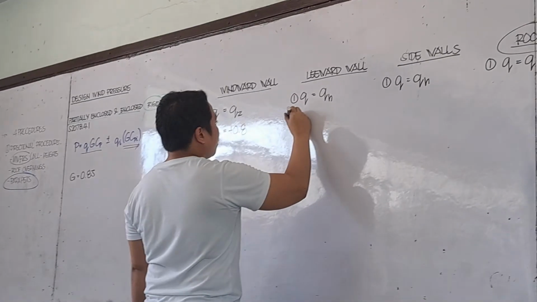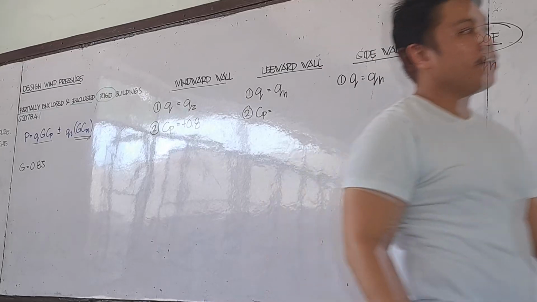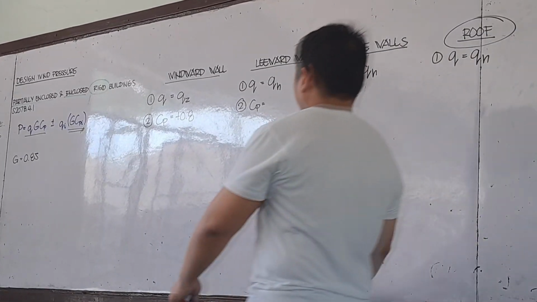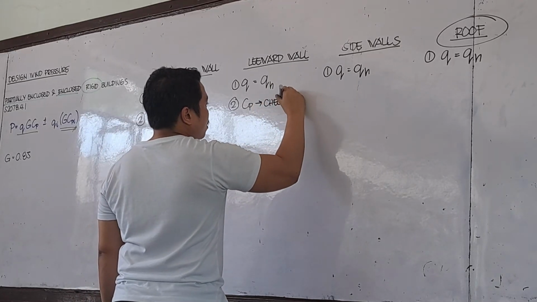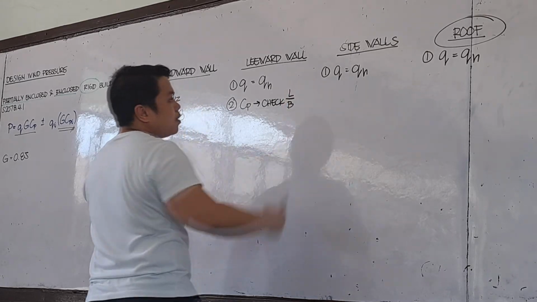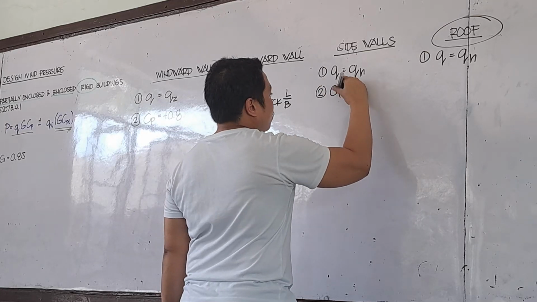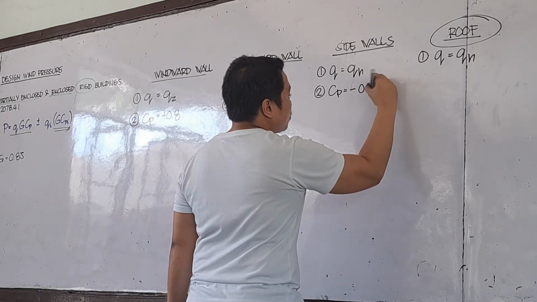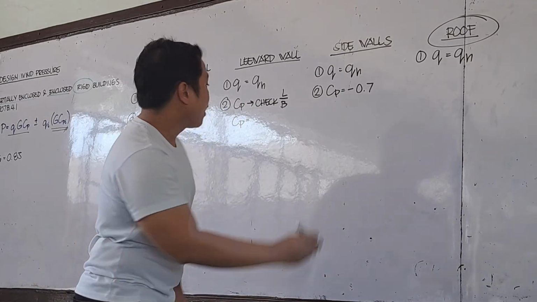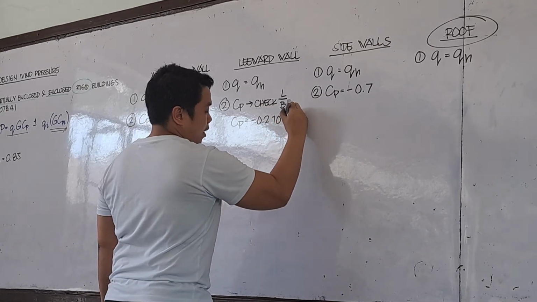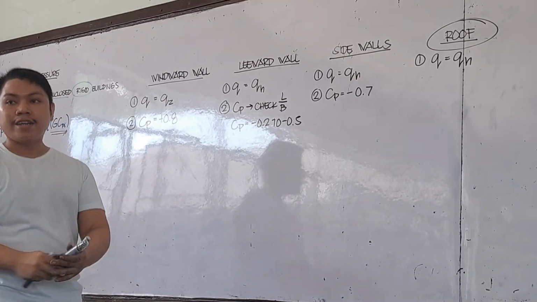For our leeward wall, Cp depends on the ratio of the longer side of the building over its shorter side. For side walls, Cp is negative 0.7. Take note that the Cp for leeward ranges from negative 0.2 to negative 0.5. Clear?